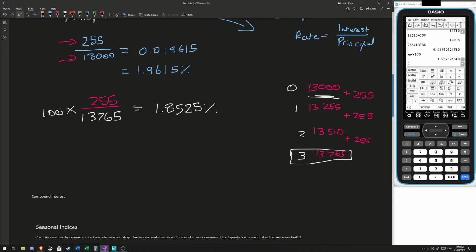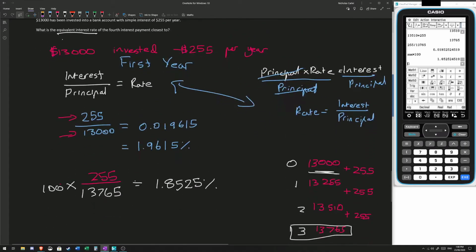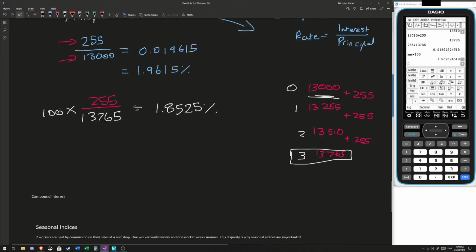Alrighty, so I assume we're all good, but again, I'll reiterate because I was just thinking about how I explained it. The question is stated: what is the equivalent interest rate of the fourth interest payment? So all we care about is the fourth. We're at the third month here, so we're at $13,765.